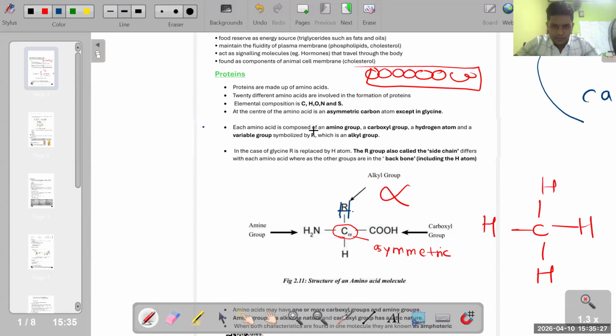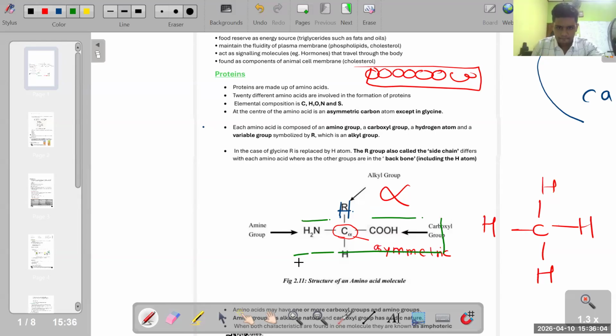Each amino acid is composed of an amino group, a carboxyl group, a hydrogen atom, and a variable group that is symbolized by R. This variable group is the one that will be changing from amino acid to amino acid. All others would be the same.